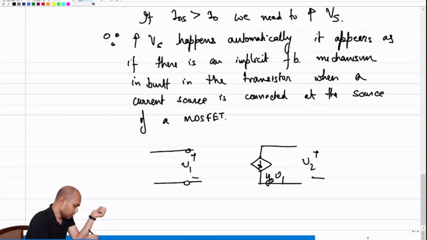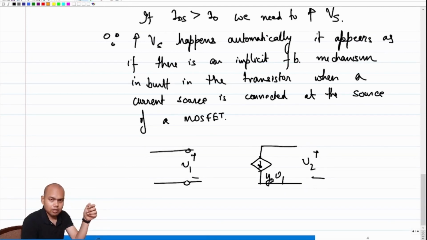This was a two-port, four terminal model of a network. In case of a transistor, these two ports are connected together, right? And therein lies the magic.